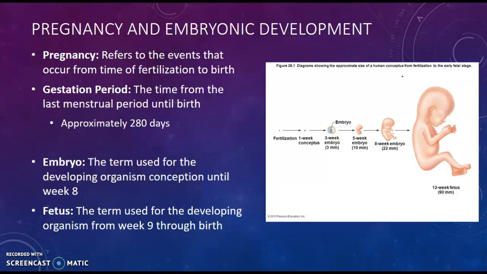This is how they come up with your due date: when you go in and you're pregnant, they ask when your last period was, and then add 280 days to it. An embryo is the term used for the developing organism from the time of fertilization up until week 8. After week 8, it is referred to as a fetus.